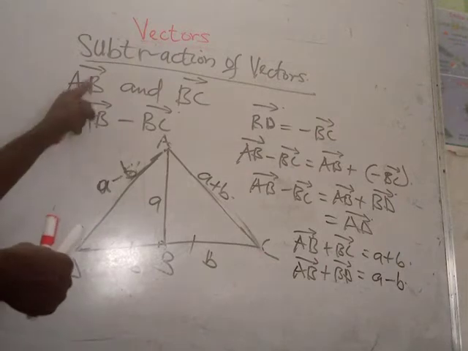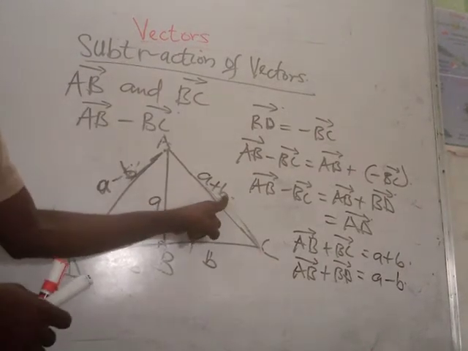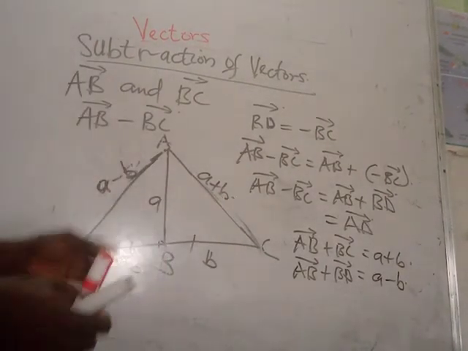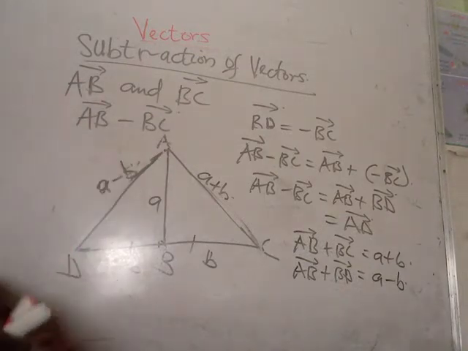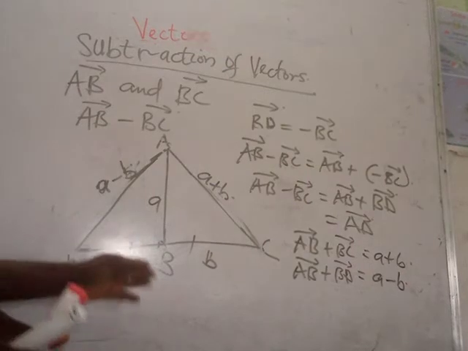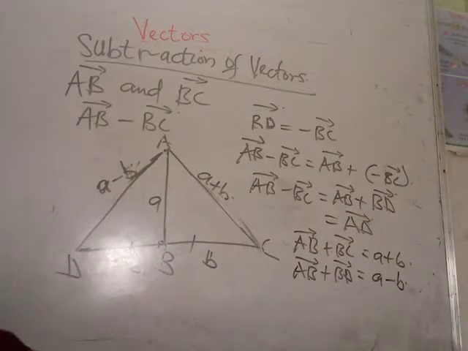The sum of the vectors AB and BC is A plus B, and the difference is A minus B.